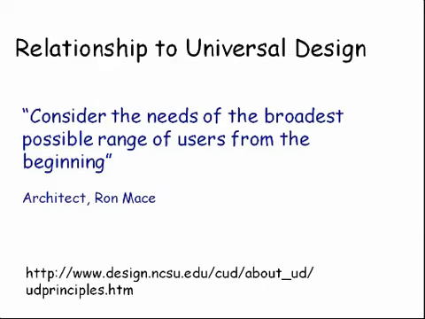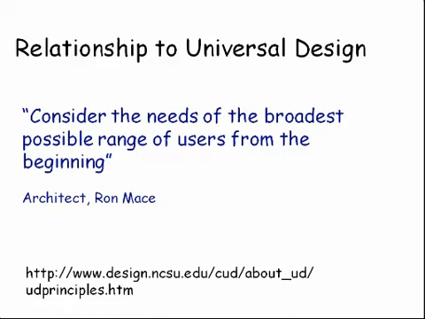All right. So the relationship to universal design is that universal design has been around for a number of years, but it's basically come from an architectural point of view of how we design things universally. The architect Ron Mace is basically the founder of universal design, and he's out of North Carolina State University.